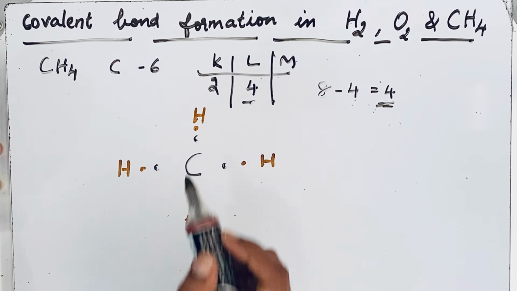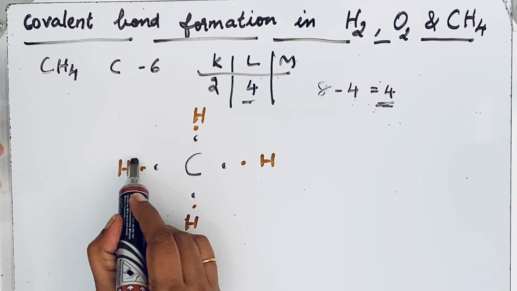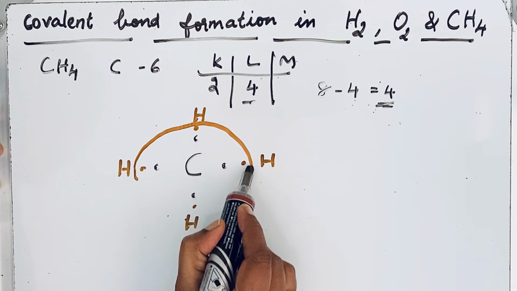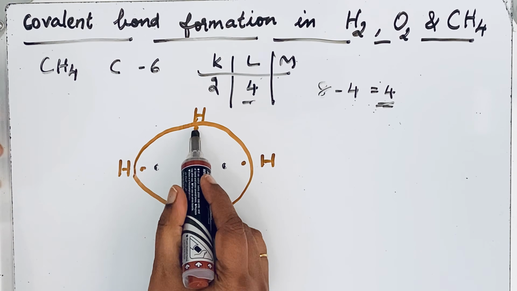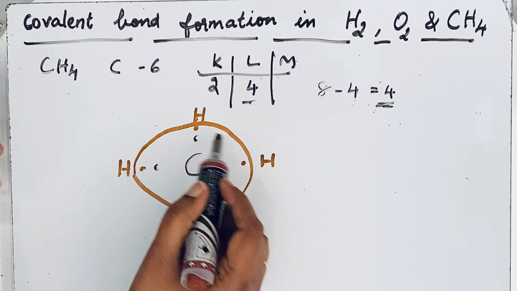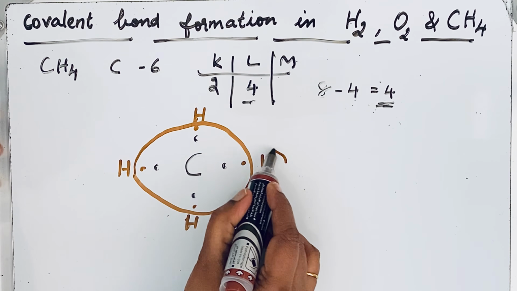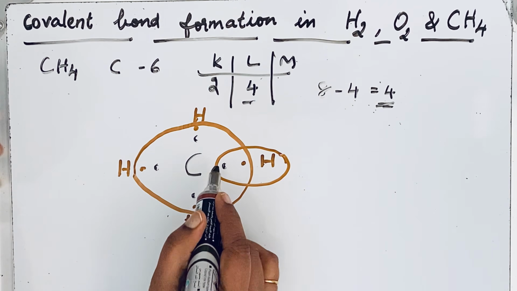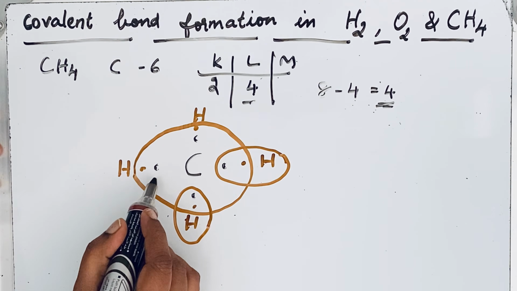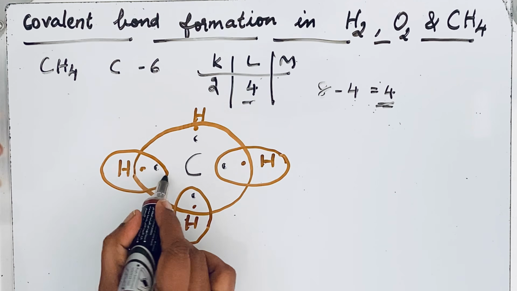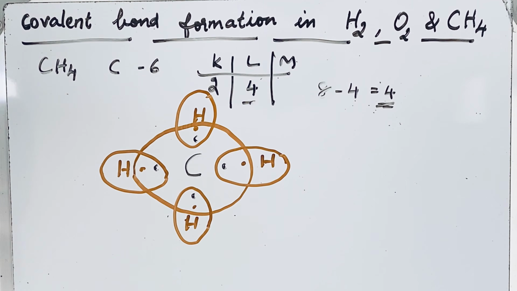Now sharing takes place this way. Now see carbon: 2, 4, 6, 8. The octet configuration for this carbon is completed. The same way, for hydrogen a duplet configuration is needed, so hydrogen with 2 electrons is very happy. This is the way sharing takes place in CH4.